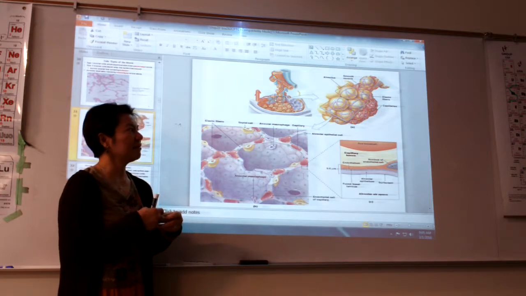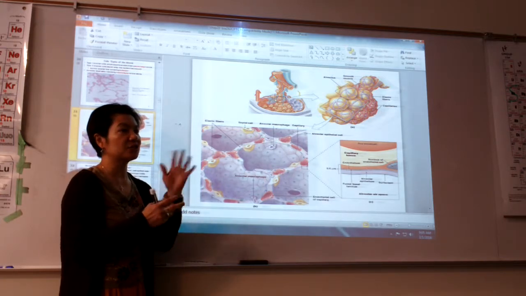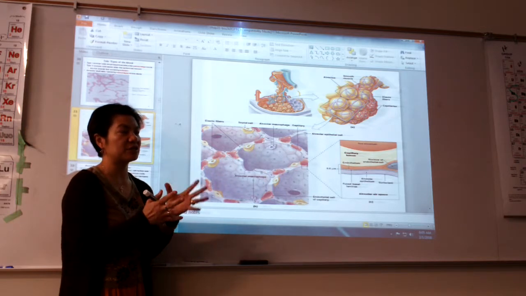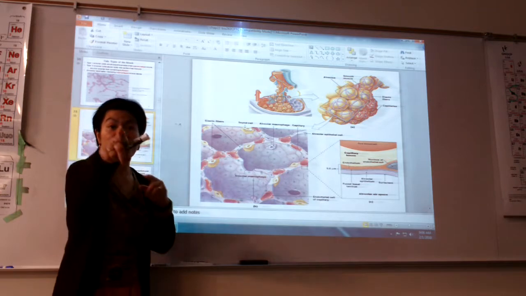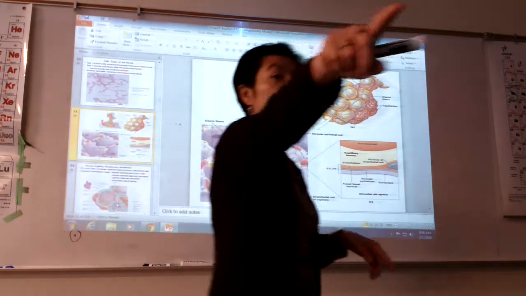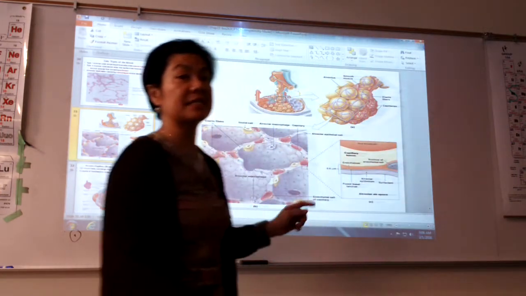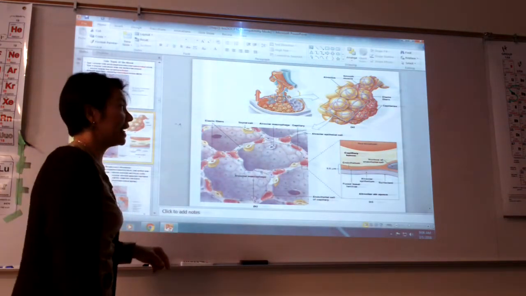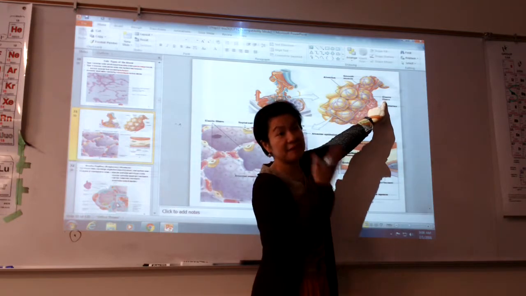Another very important feature in your alveolus: there's no hyaline cartilage, there's no smooth muscle, but you have it very nicely in your lab manual. You see those fibers there. That's not blood vessel. It is elastic fibers. This is very important.